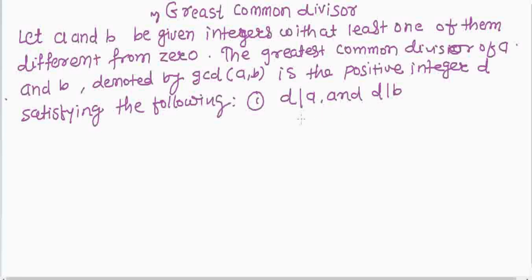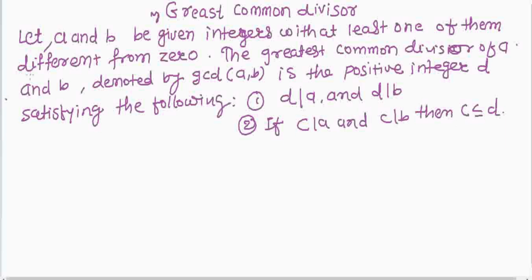Second condition, if c is a divisor of a and c is a divisor of b, suppose c is another common divisor of a and b, then that common divisor is less than or equal to d. So this is the definition of greatest common divisor.